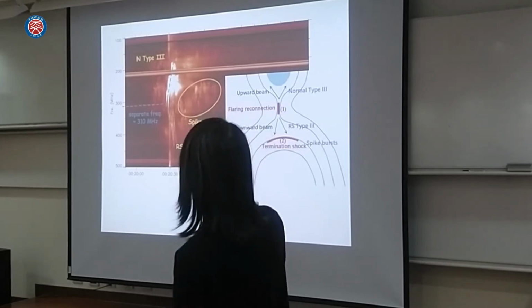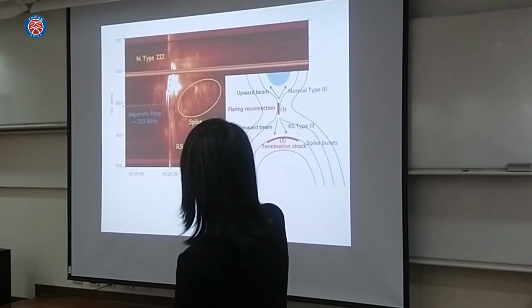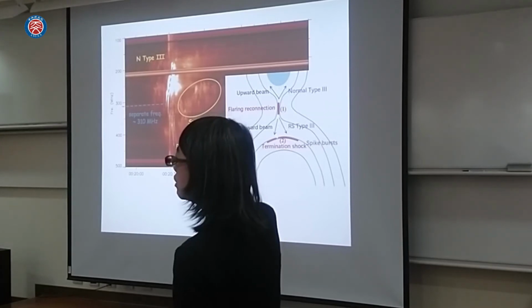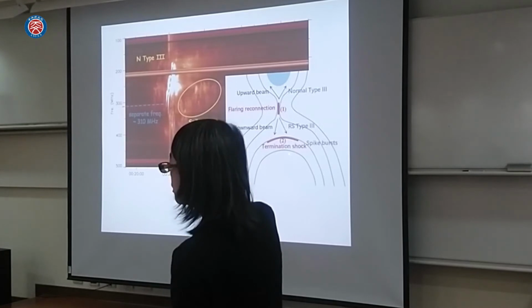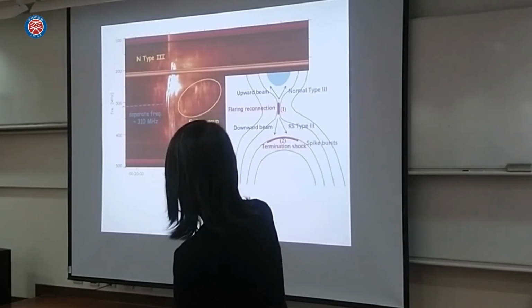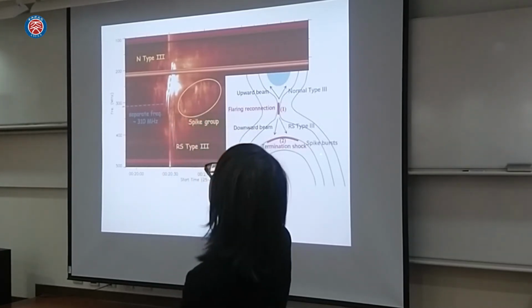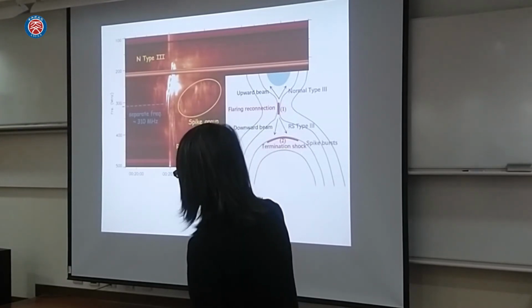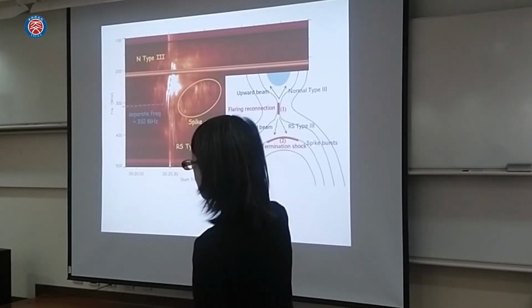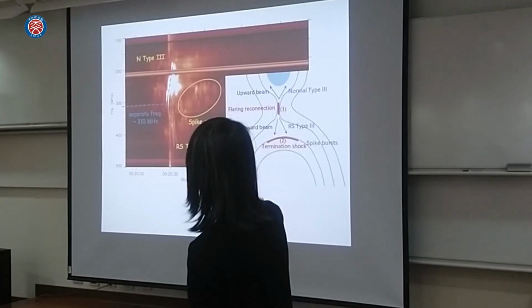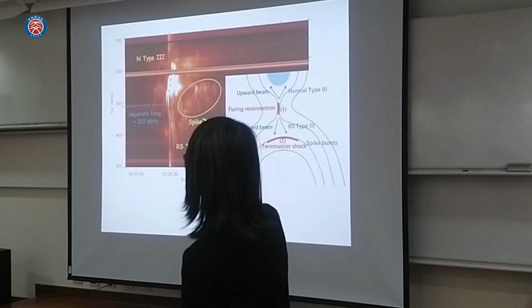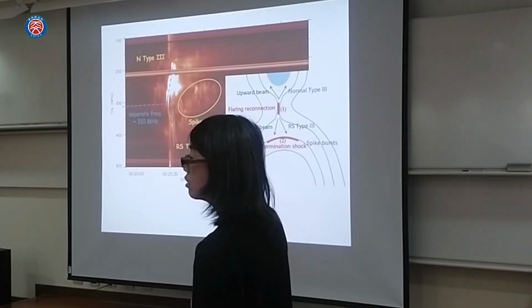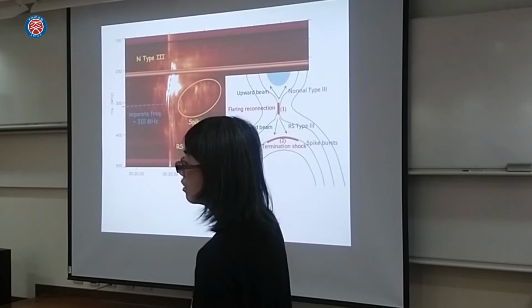So we suggest that there is outflow plasma, and when this outflow plasma impacts the magnetic loop, it forms a shock, and this shock will accelerate particles and cause something like spike radio emission.